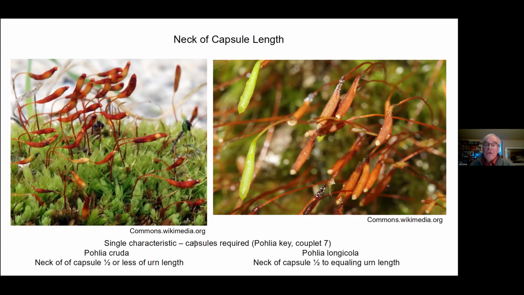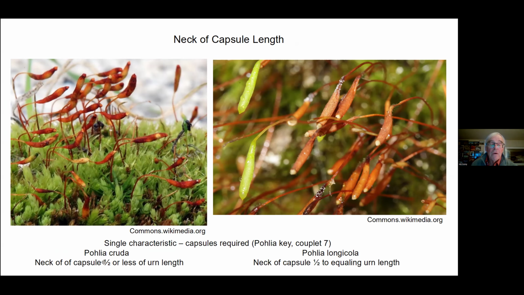In the Flora Neomexicana keys, in the Pohlia key, couplet 7, there is a single characteristic that is used to distinguish these two species, and that's the length of the neck of the capsule. Unless they were improperly identified on the internet, this is Pohlia cruda and this is Pohlia longicolla.